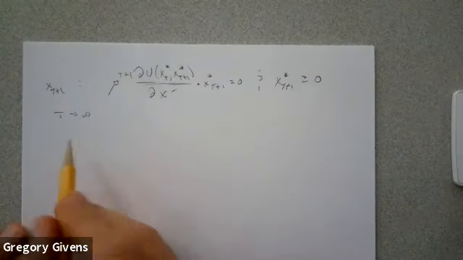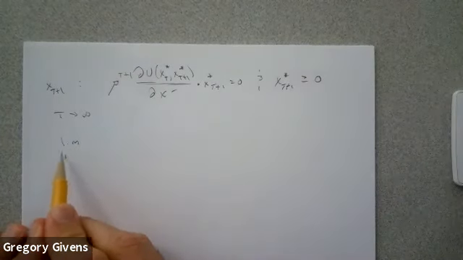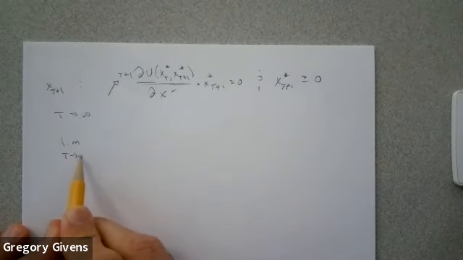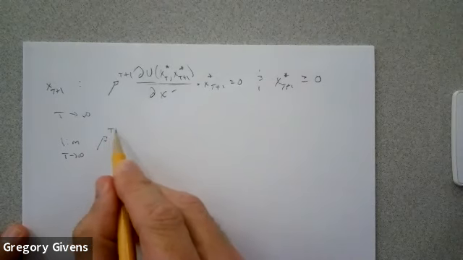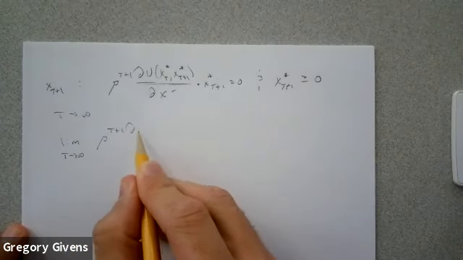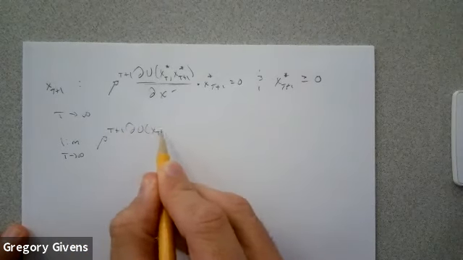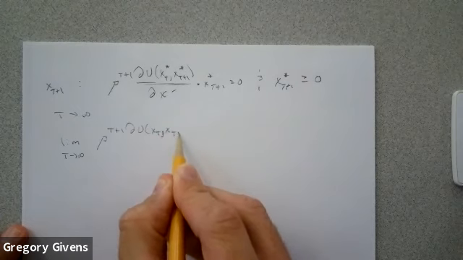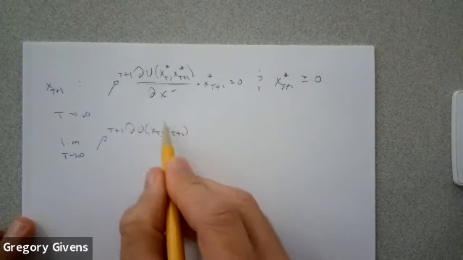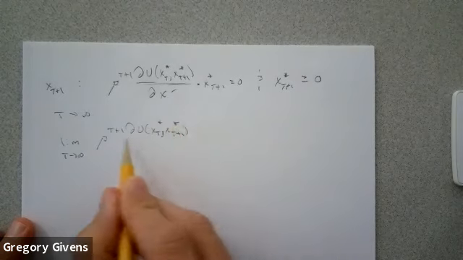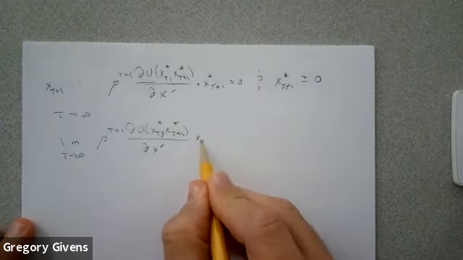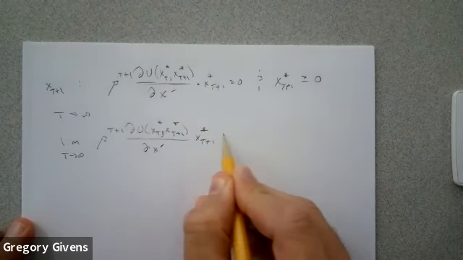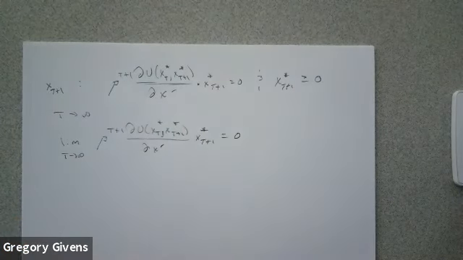So let's take the limit as capital T approaches infinity of the first order condition, beta to the capital T plus 1, partial of u of x T, x T plus 1 with respect to the second argument, times x capital T plus 1, is equal to 0. That has to hold for all T, even as T approaches infinity.